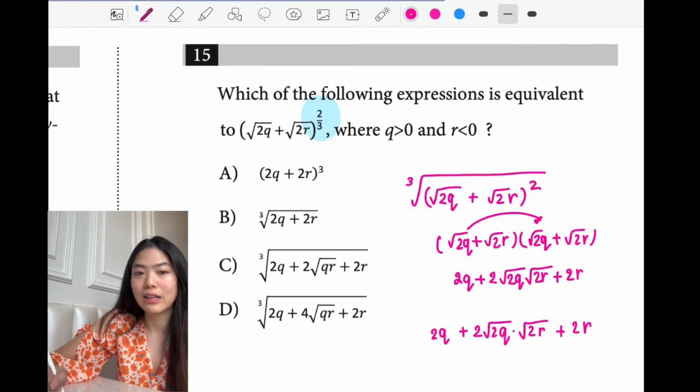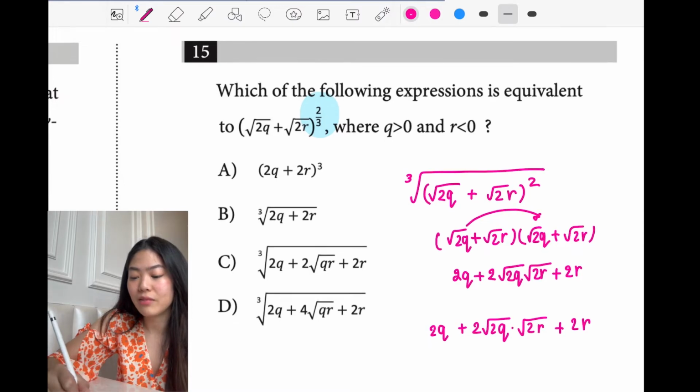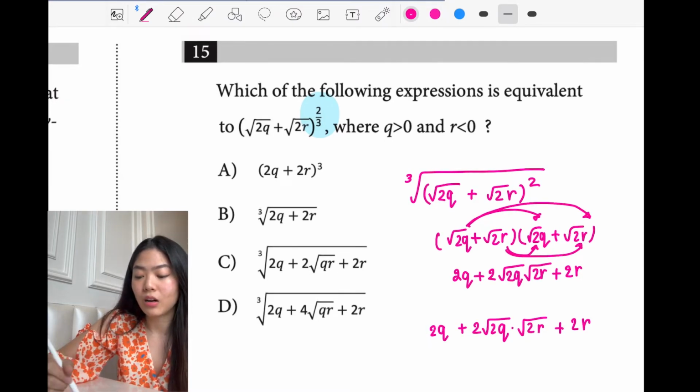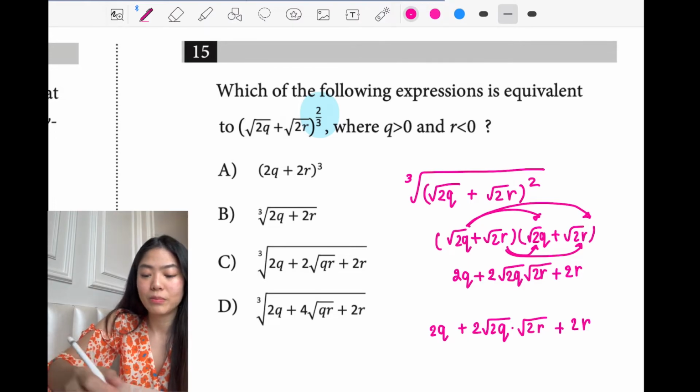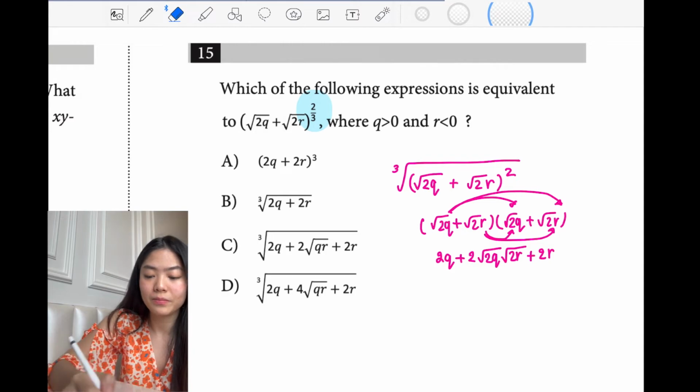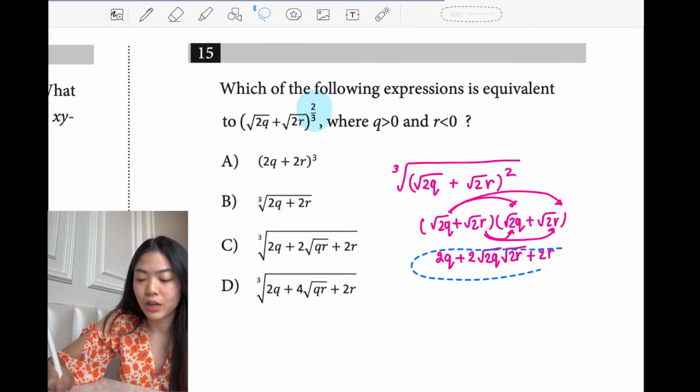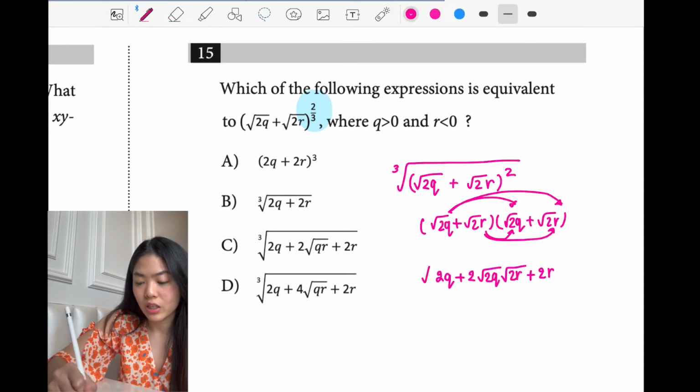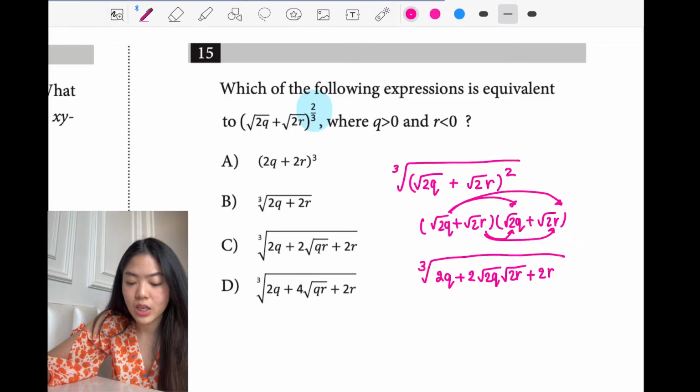It will be exactly the same as what I just wrote down. Front times back, expand like this, then you'll get 3 terms once you simplify. Then what we're going to do next is put this into the cube root, and then find which one is the answer.